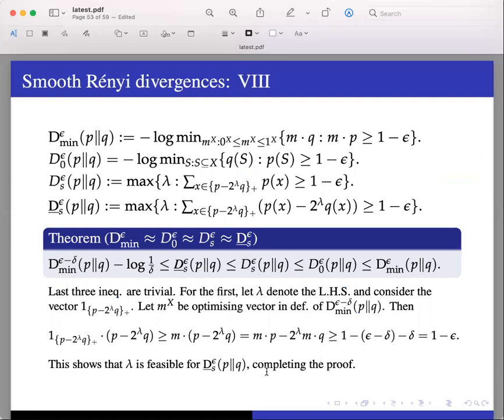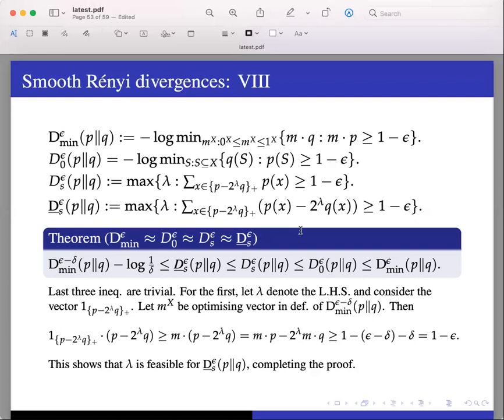So let us collect all the quantities that we defined. There was D epsilon min defined by the LP, D epsilon 0, which is maximum likelihood. Then there was D epsilon S, which is Han's prescription for maximum likelihood information spectrum. And then we smoothed it to D lower bar epsilon.